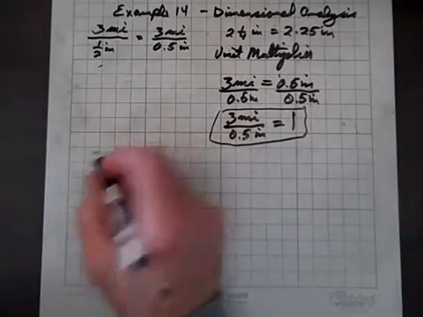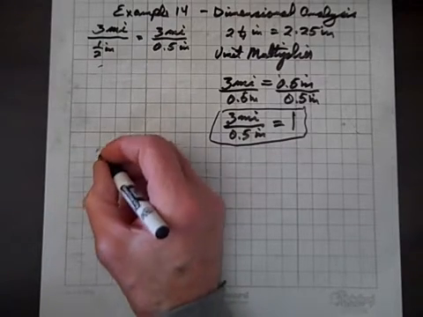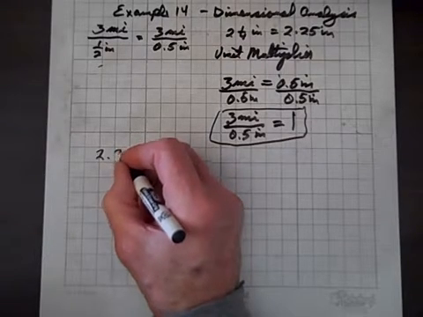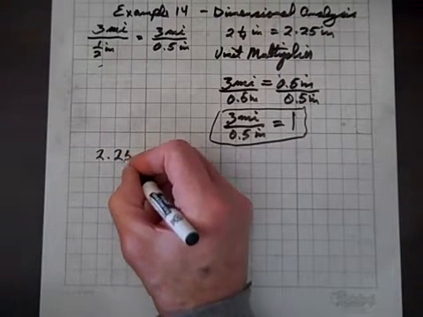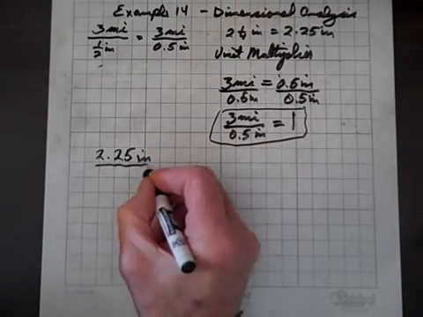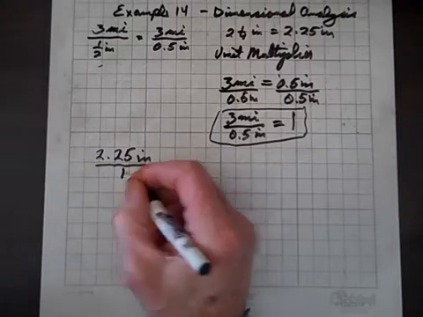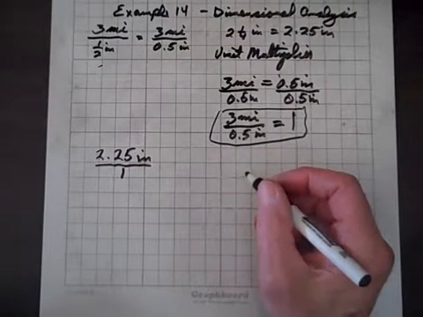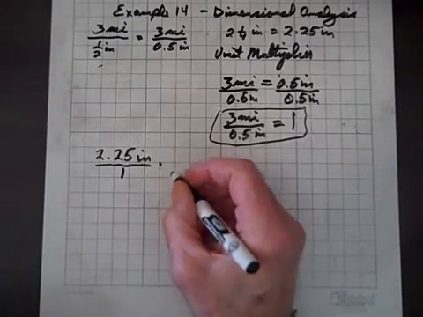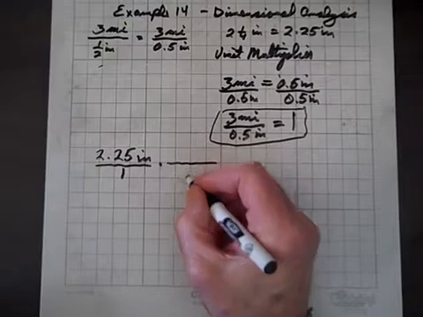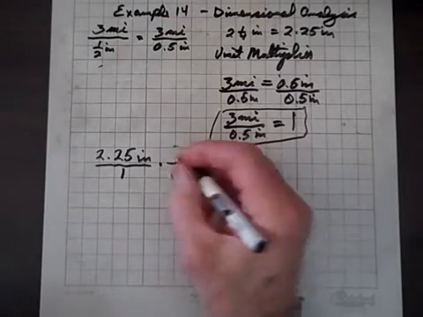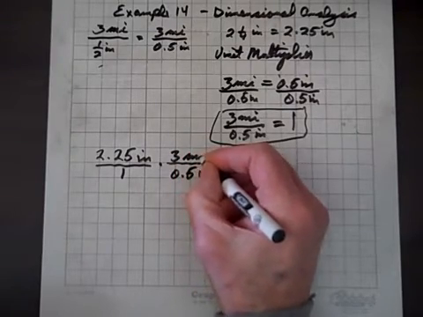Anytime we use dimensional analysis, we'll start off with the value about which we're trying to resolve, in this case, come up with the corresponding amount of miles. So that's 2.25 inches over 1. And then we'll multiply by the unit multiplier that will enable us to divide out the units we don't want, which are inches, and retain the units we do want, which are miles.